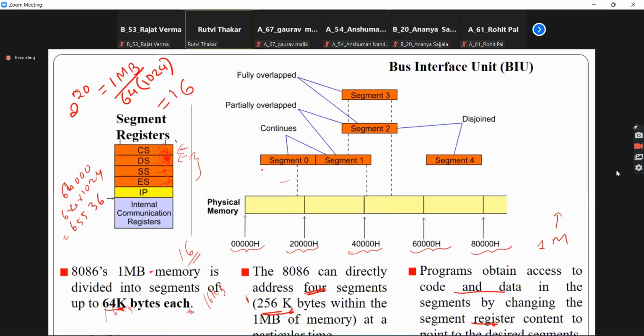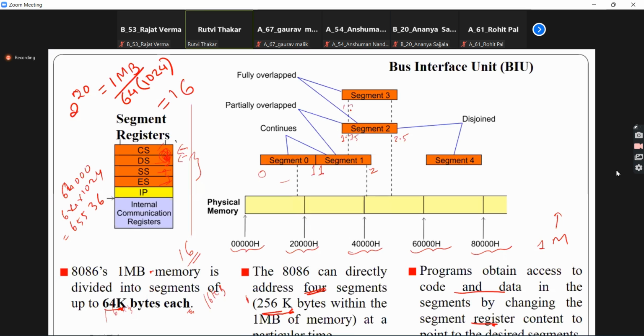The segments we have may be continuous. That means one starts from 0 and ends at 1, the next starts at 1 and ends at 2. Let's take this example as 0, 1, 2. It is also possible that for some other application, a segment starts from 1.75 and ends at 2.5, taking up the same memory.